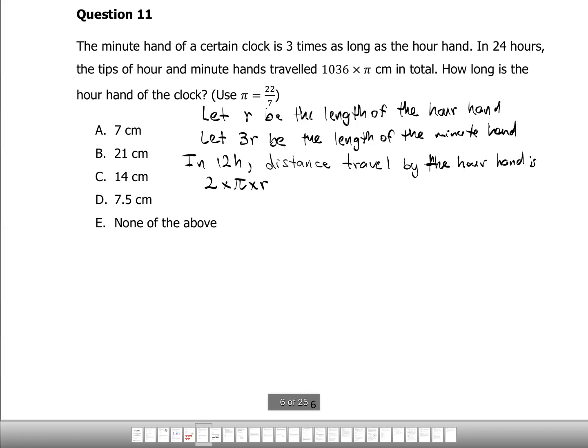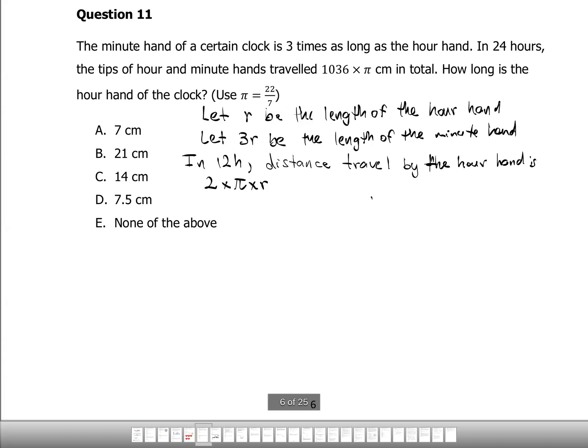We know that the formula for the circumference of a circle is diameter times pi. And we have the radius, which is the length of the hour hand, times 2, which gives the diameter, times pi. So this is the circumference of the circle, the distance traveled by the hour hand in 12 hours.